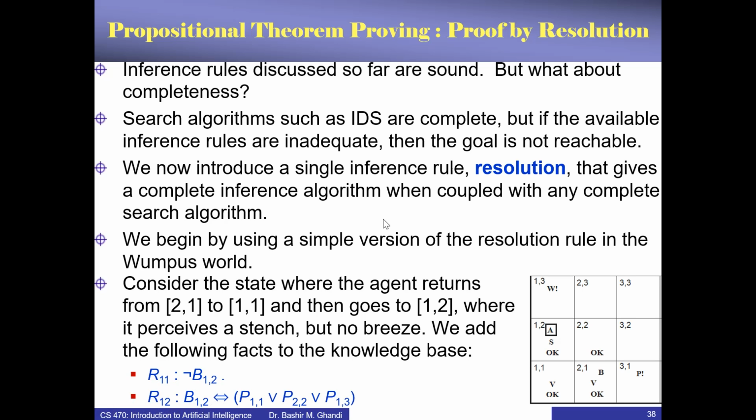The second thing we can add is that there will be a breeze in 1-2 if and only if the adjacent squares contain a pit. What are the adjacent squares to 1-2? They are basically 1-1, 2-2, and 1-3. So based on this, we can say B12 is true if and only if P11 is true, or P22 is true, or P13 is true.